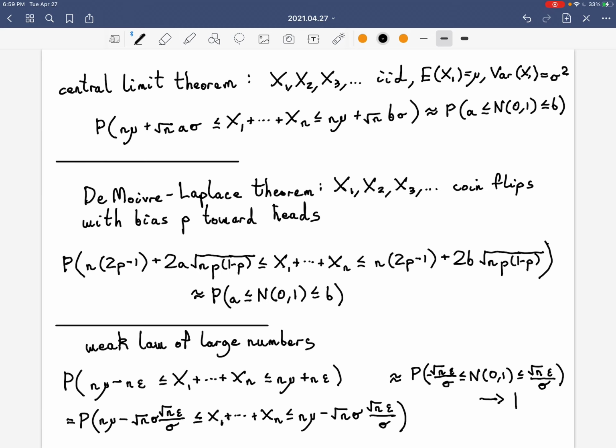And so as n goes to infinity, that interval expands to cover the whole line, and the probability converges to 1. So there is a little bit of subtlety in terms of using the central limit theorem for values of a and b that are changing instead of being fixed.